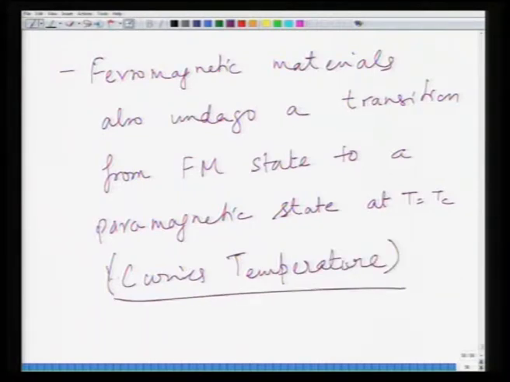However, the difference is, while in ferroelectricity we talk about first order and second order transitions, here we do not talk about that kind of transition, simply because in ferroelectricity the transition is associated with a phase transition. There is a change when you heat the material from a low symmetry to a high symmetry phase, whereas this is not necessarily a condition for ferromagnetism.